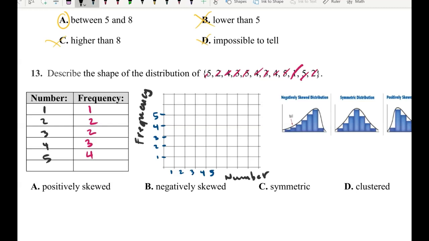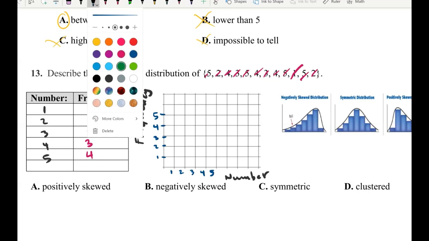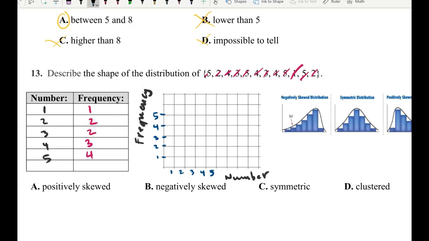Now we graph it. Number 1 appears one time. Number 2 appears twice, so 2 goes up to 2. Number 3 appears 2 times as well. Number 4 appears 3 times. And number 5 appears 4 times.